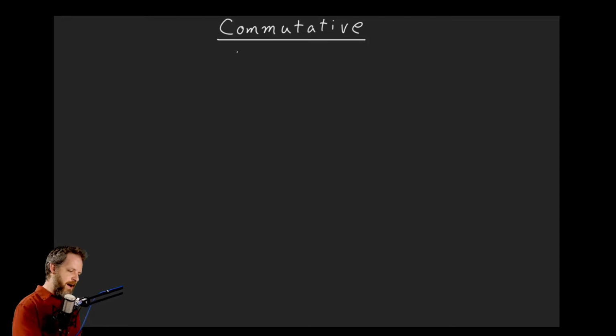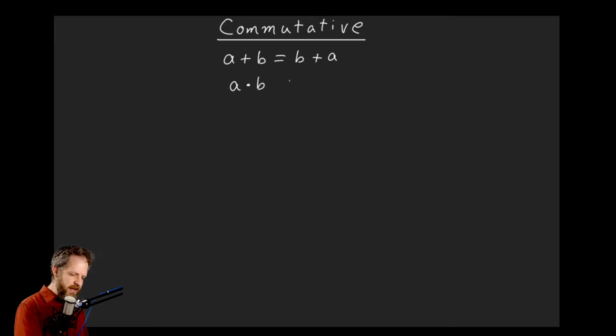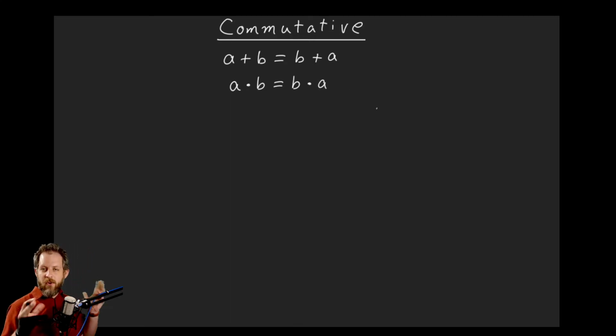So commutative property says that A plus B equals B plus A, and it also says that A times B equals B times A. So we can rearrange numbers.